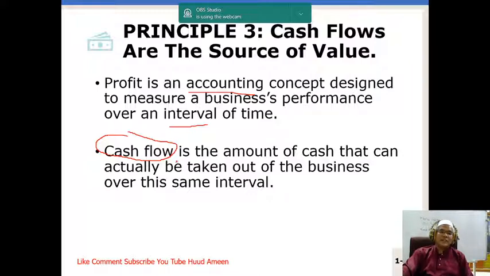Profit is an accounting concept designed to measure business performance over an interval of time. Cash flow is the amount of cash that can actually be taken out of the business over the same interval. We need cash to buy machines or to replace old machines. So you have to consider both the profit and the cash flow, not rely only on profit. As a manager, you also have to think about the company's cash flow.